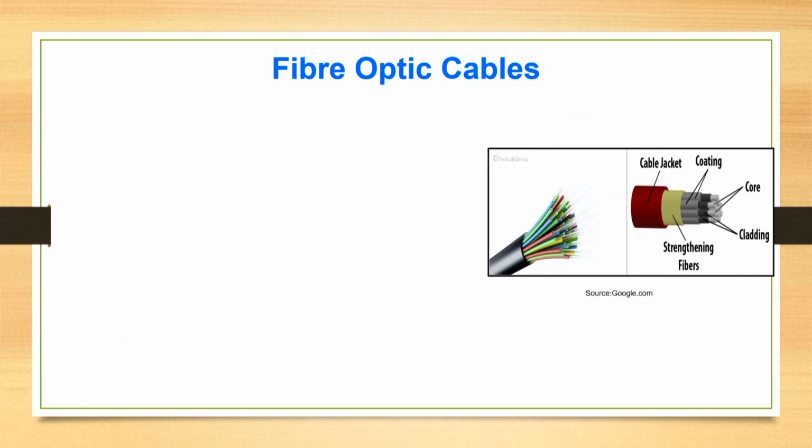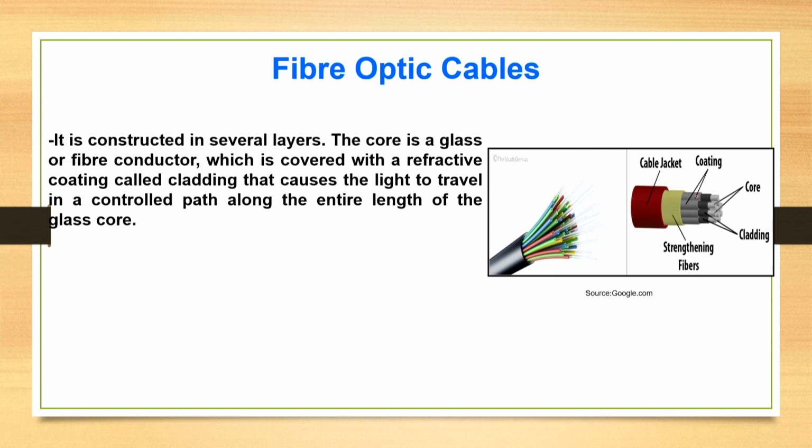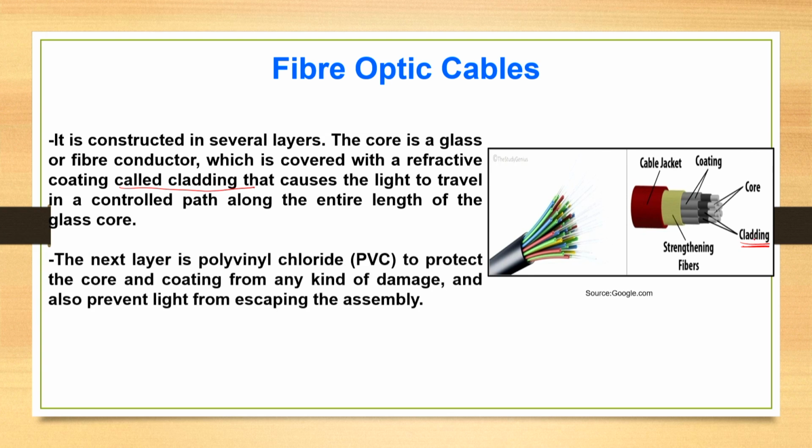Another type of cable is the fiber optic cable. It is constructed in several layers that you can see. These are the several layers, and the core is of glass, or you can say fiber conductor, which is covered with a refractive coating called cladding that causes the light to travel in a controlled path along the entire length of the glass core.